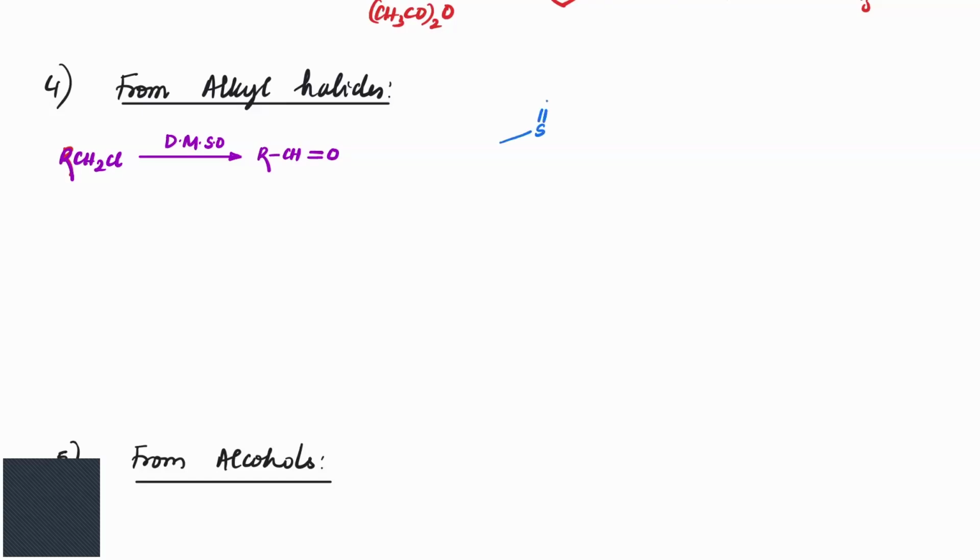This is DMSO, dimethyl sulfoxide. In the case of alkyl halides, the lone pair on oxygen will attack here and chlorine will leave. So this creates a situation where oxygen gets connected with CH2 and R.